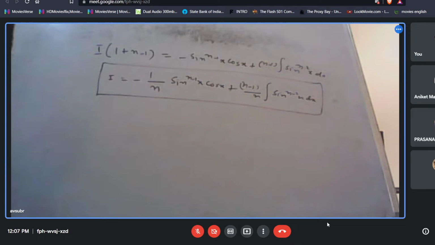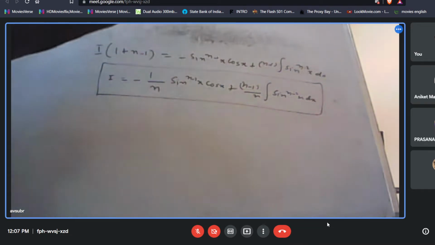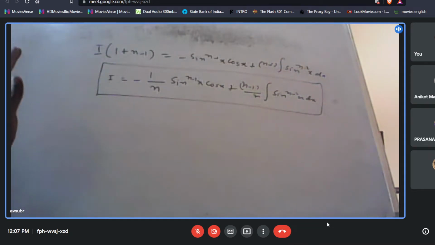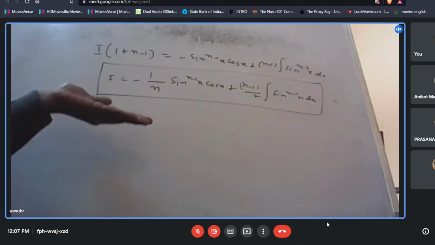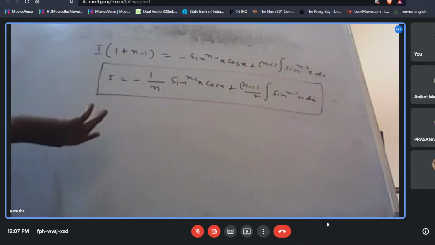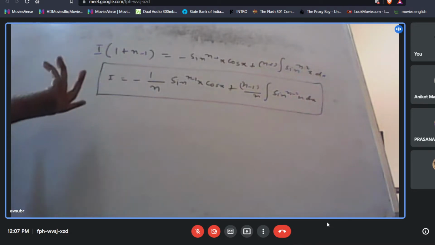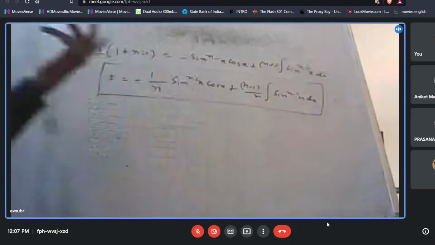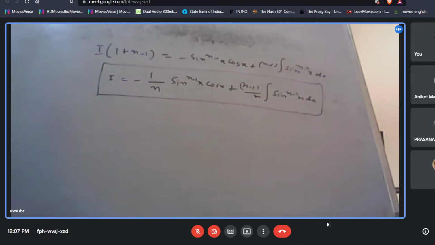All right. We can use this reduction formula when n is greater than 0 or greater than 1, and this is what it will be.